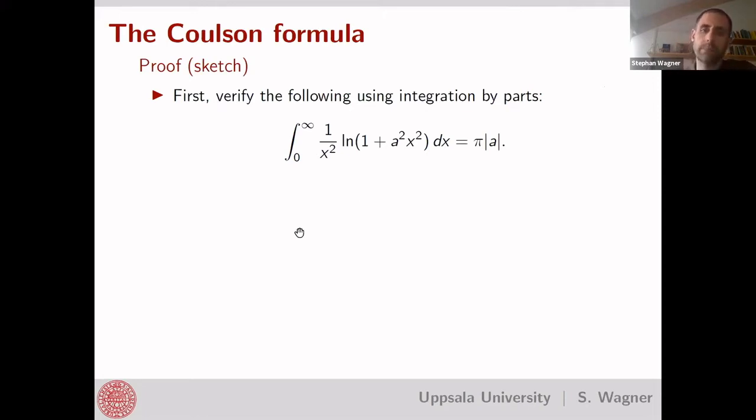So the first step is to show some basic integrals. You can prove this using integration by parts. You can give this to your students in the first year calculus class. If you want to give them a nice challenge, try to prove this.